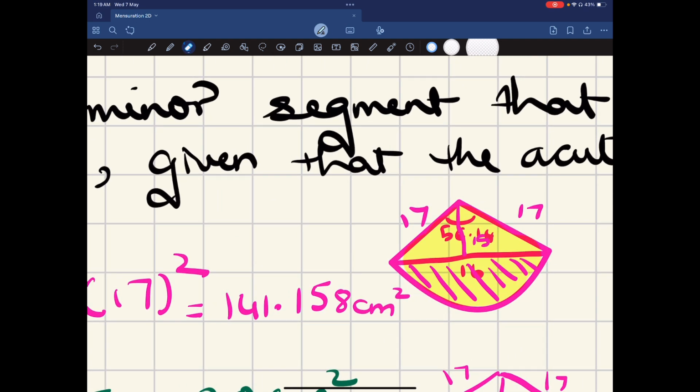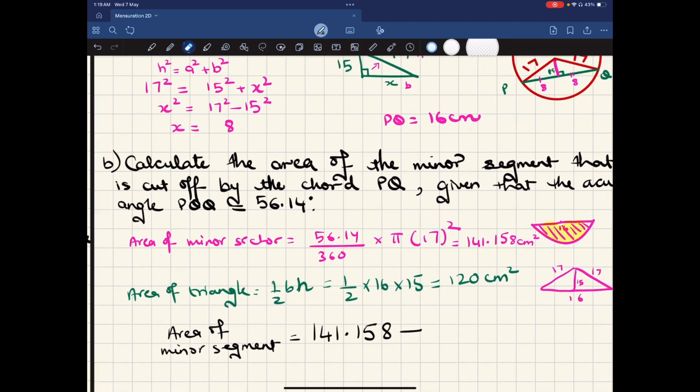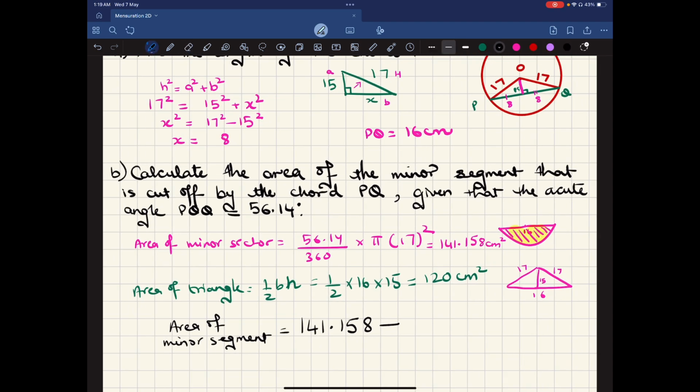We've calculated this yellow part, which is the area of the minor sector, and now we are subtracting the area of the triangle. So we're left with the area of the minor segment. Okay, so this is 120, and you get 21.6 centimeters square. Your answer correct to 3 significant figures.